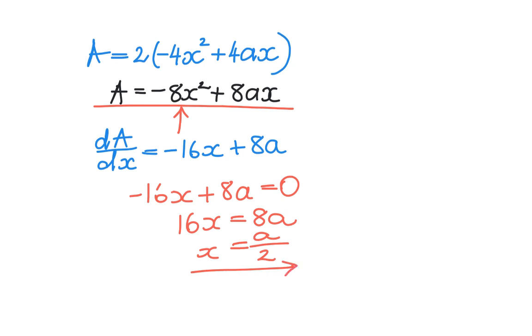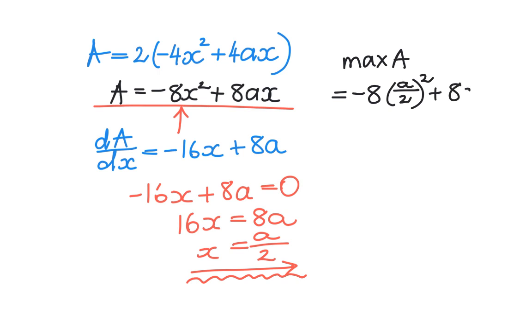Okay, so my rectangle will have a maximum area if I choose x as a over 2. Remember, the base was 2a for my isosceles triangle, but I will maximize the area if x is a over 2. The question was to actually determine the numerical value of that maximum area. So therefore, the maximum area will be if I substitute my x as a over 2 into the equation.